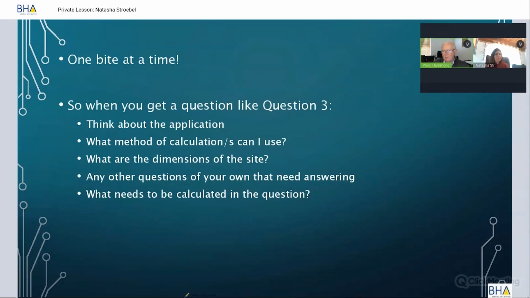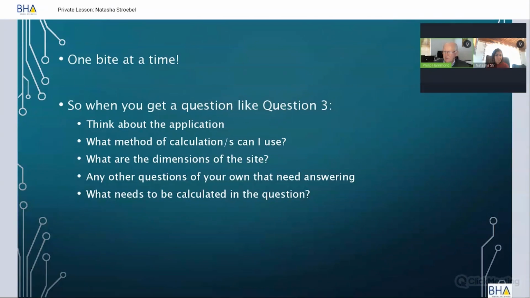So remember, one bite at a time. Always remember that. For anything that you're doing, assignments, one bite at a time. When you're studying, one bite at a time. So when you get a question like this, think about the application. What method of calculation are you going to use?